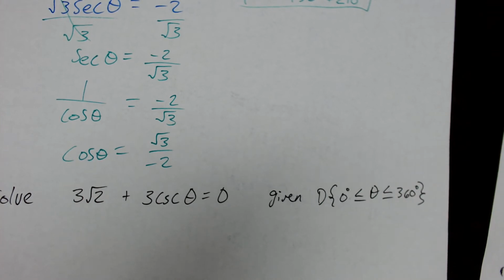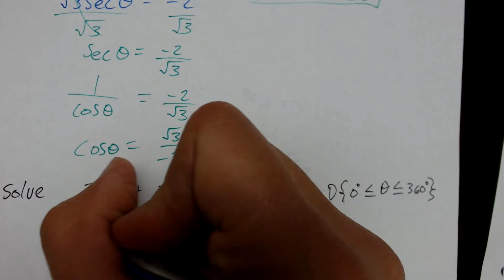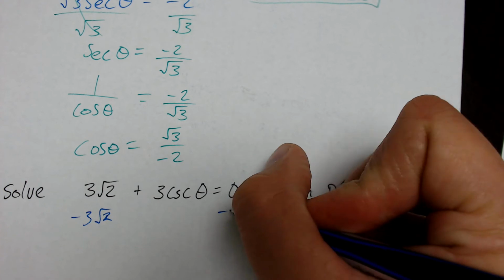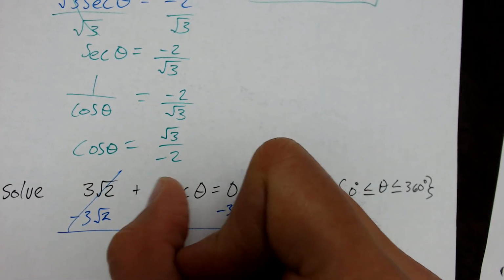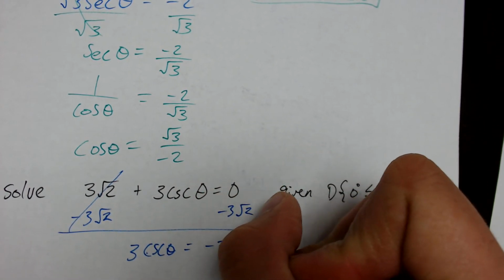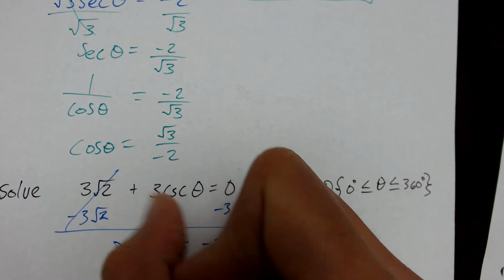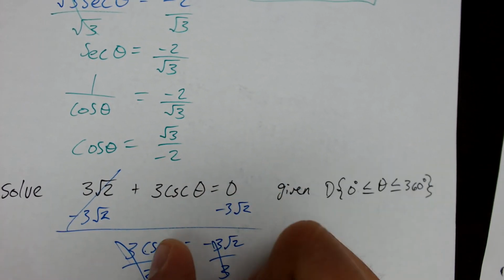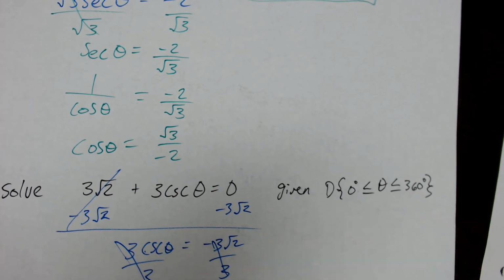Again, rules of equations. I'll start out by moving this 3 root 2 to the other side, so I'll subtract that from both sides. Now I have 3 cosecant of theta equals negative 3 root 2. Again, divide each side by 3. It's going to cancel. So now I have cosecant of theta equals negative root 2.